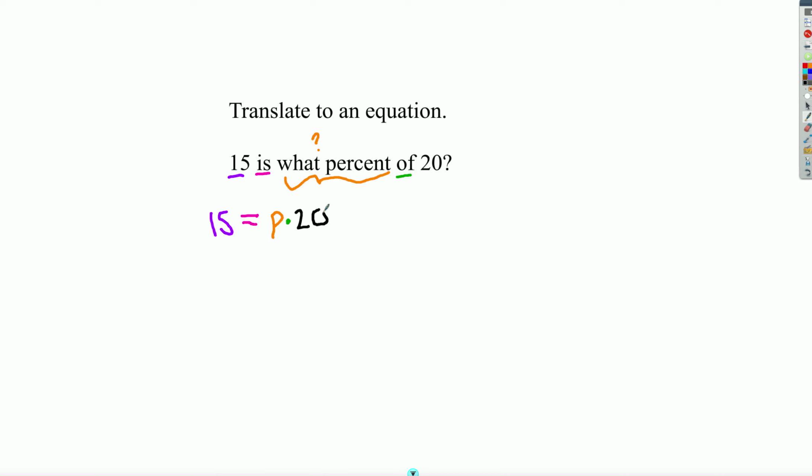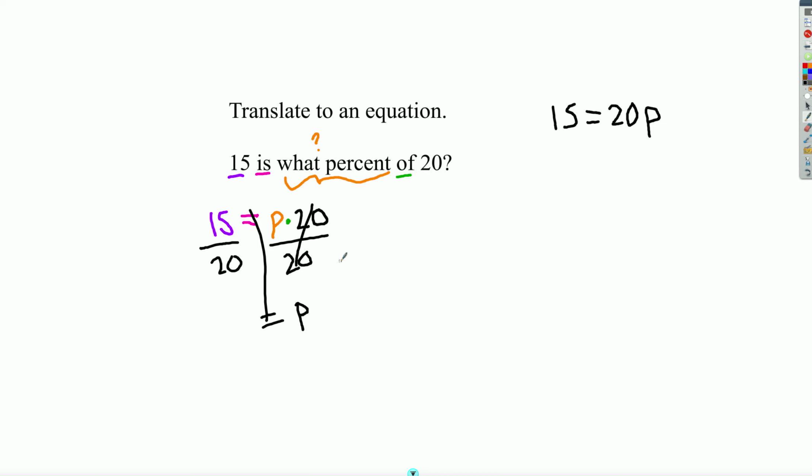So I have an equation here. Now I can solve for P just like I would any equation. The cleaner way to see this would look like 15 equals 20P. That's how we typically see it. It's the same thing though. If I want to solve for P, let's undo what's happening to P. It's being multiplied by 20, so I divide both sides by 20. So that goes away. 15 over 20.